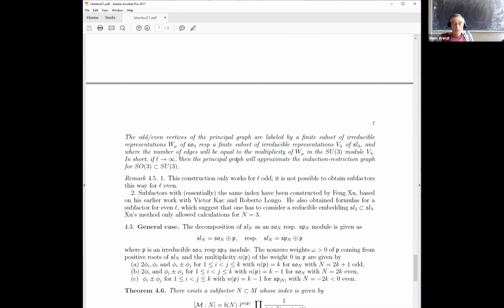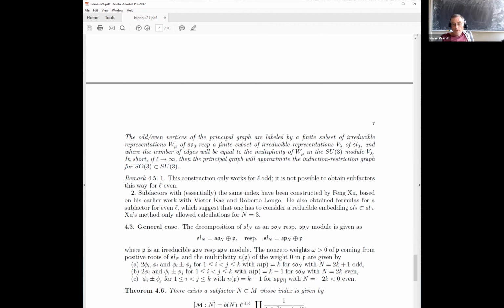Probably the most intuitive thing might be this statement here. Essentially, you obtain the principal graph by truncating the induction-restriction graph for a representation of SO3 into SU3. So these subfactors, you can view as finite approximations of the coset space of SO3 in SU3.